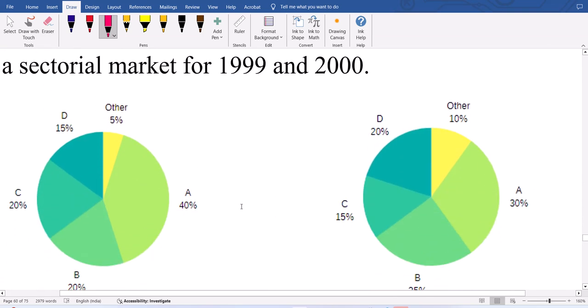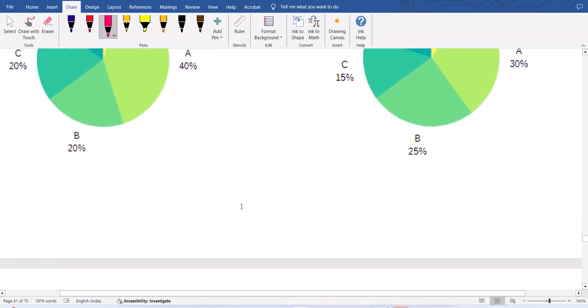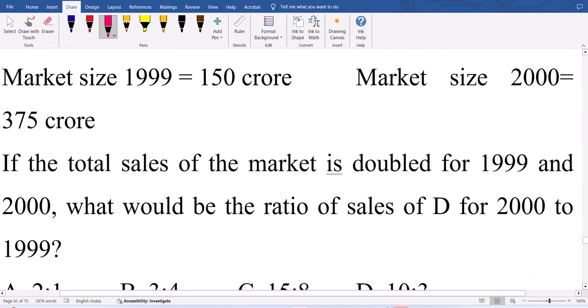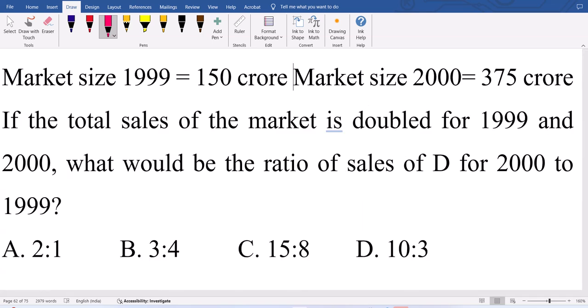Now pie chart. I designed all different data. For the pie chart, first let me see the question. Total sales, listen, first see the question. Total sales of the market is double for 1999. See, 1999 market is double. Okay, 2000 also market is double.